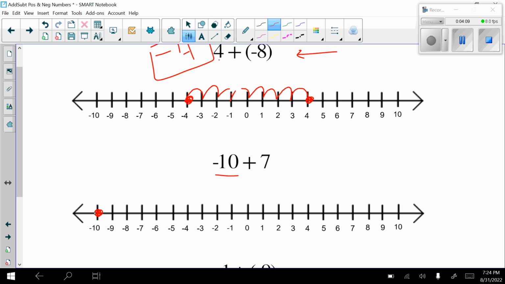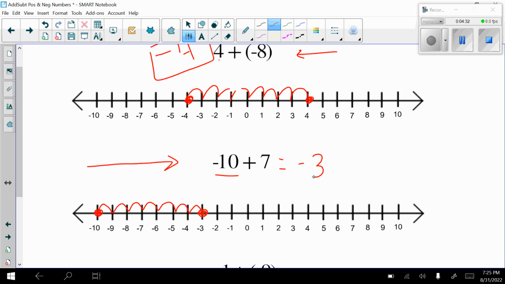Since I'm adding a positive number, it's just addition, just like we've always done. That means you're getting bigger. You're going right up the number line, 7 spaces. 1, 2, 3, 4, 5, 6, 7. So that gets me negative 3. Okay, maybe you could do that one in your head. Just think, what's the difference between 10 and 7?